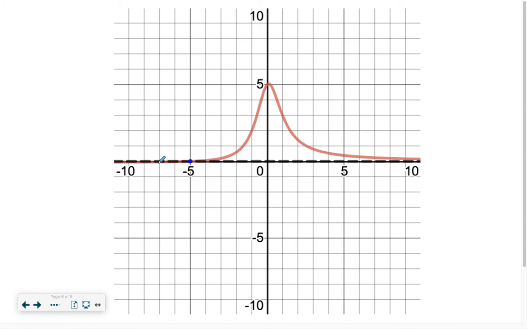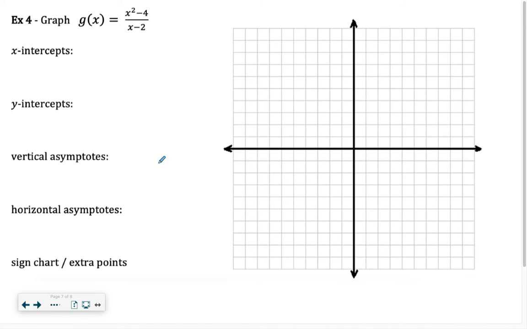Okay. One more example here. So in this one, again, if we can factor, let's do that right off the bat. So this is a difference of squares, so x plus 2 and x minus 2 over x minus 2. Okay, so x-intercepts then, right?